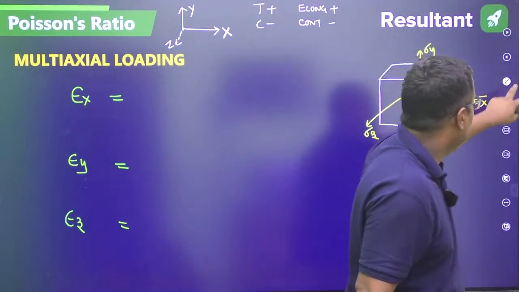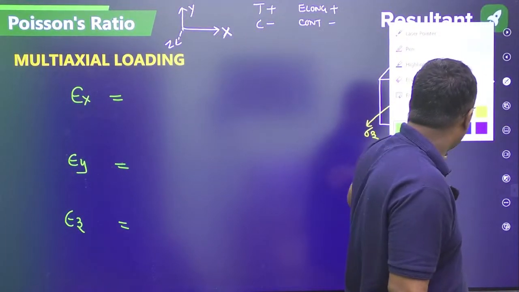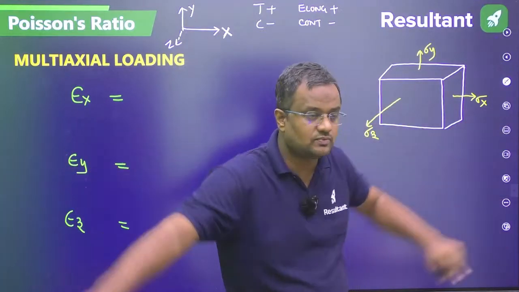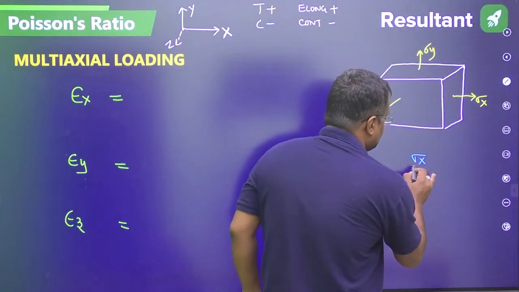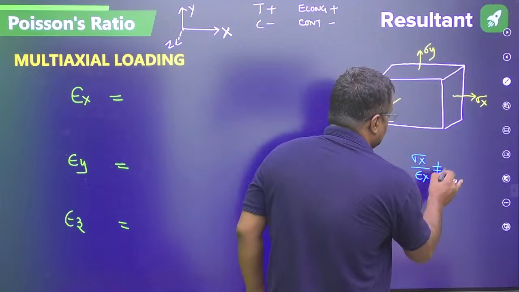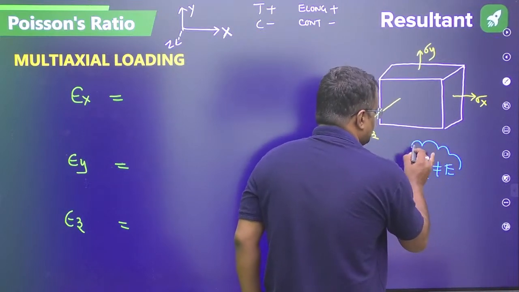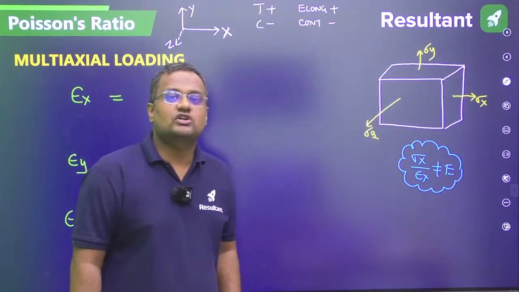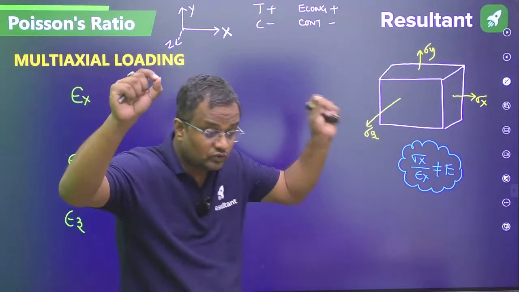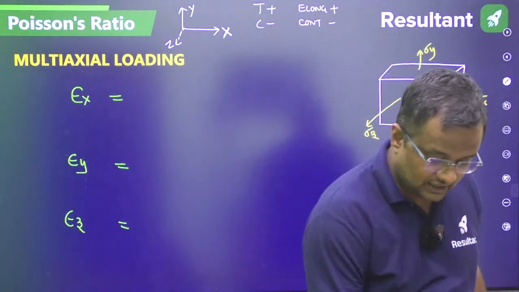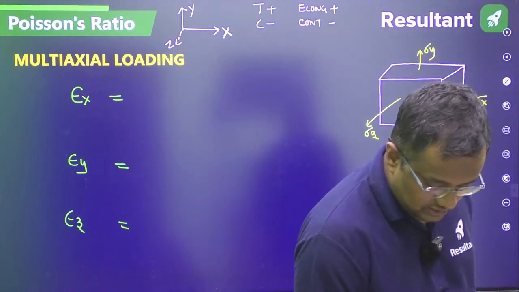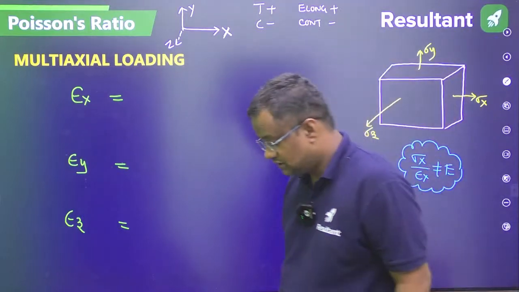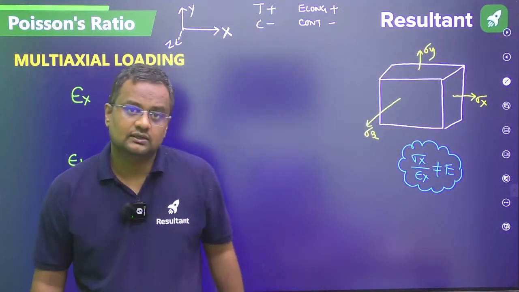Here, for multi-axial loading, stress sigma x by epsilon x is not equal to Young's modulus, because stress by strain is equal to Young's modulus only in case of uniaxial loading.